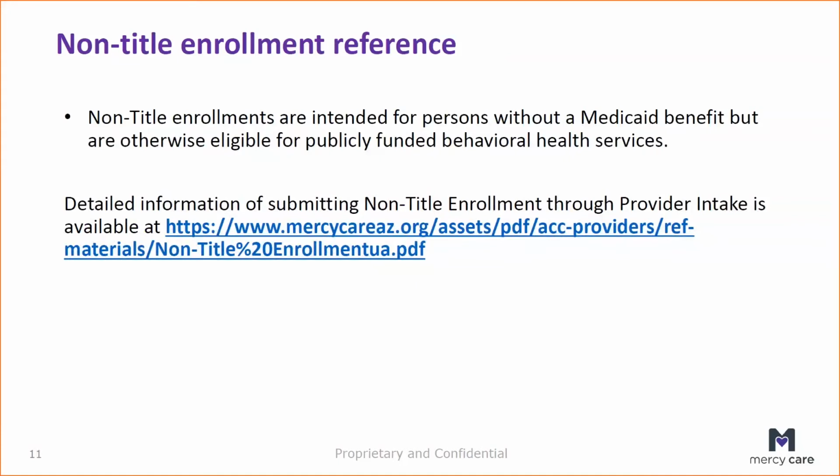The non-title enrollment is done through our web portal, and then it comes over to us, we review it, and we approve it, and then you are good to go ahead and bill for those services under either MHBG or SABG. We do have a link here that walks providers through the non-title enrollment process. And this slide deck will be sent out to you after this webinar, so you have it for your references. Next one.